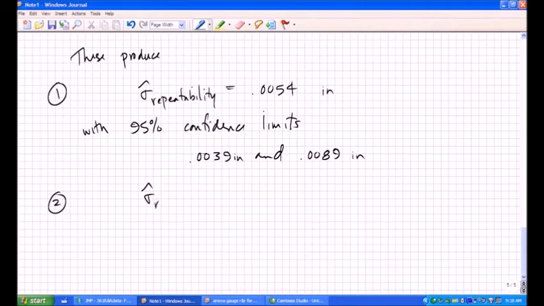Sigma hat reproducibility. Well, sigma hat reproducibility turns out to be 0.0090.